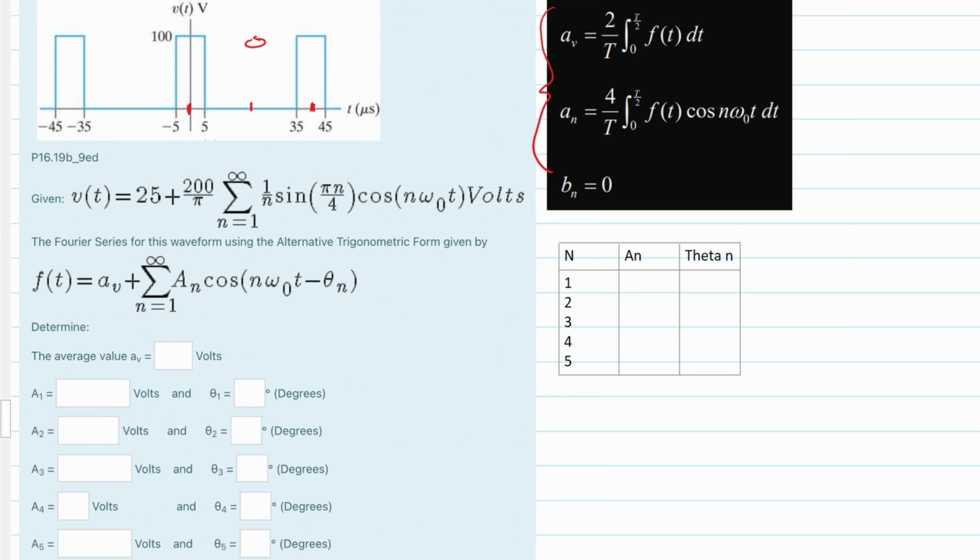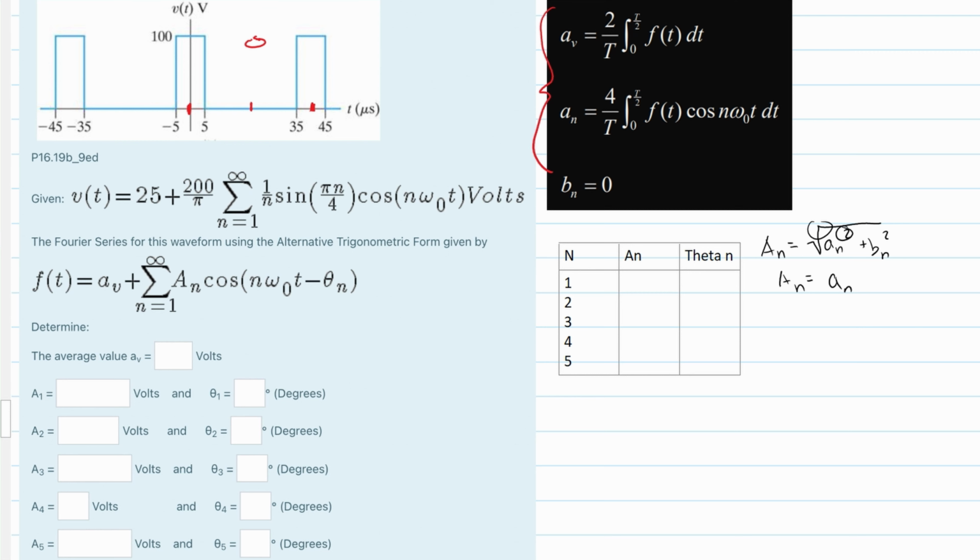The A of n, how we would find it if we had multiple parts, is that we would set our A of n equal to the square root of our An squared plus our Bn squared. But since we don't have a Bn, we're going to say that our A of n is equal to just our An, right?